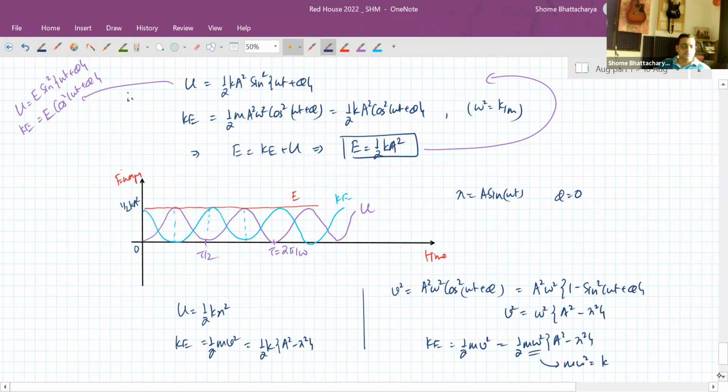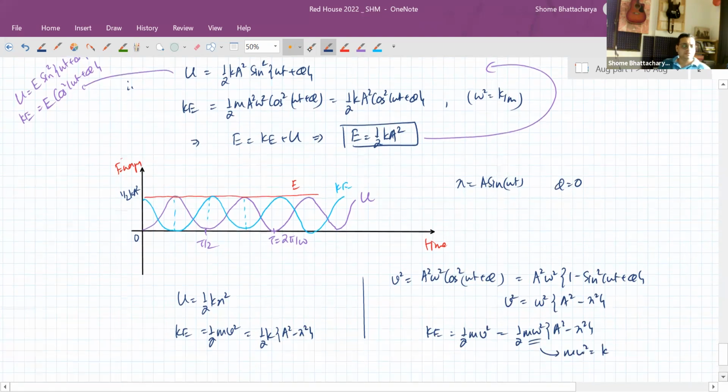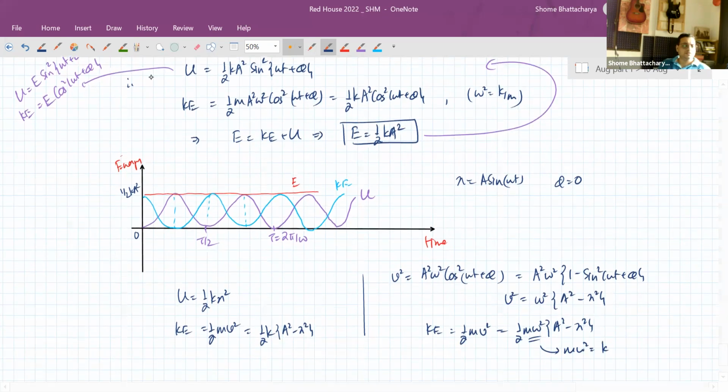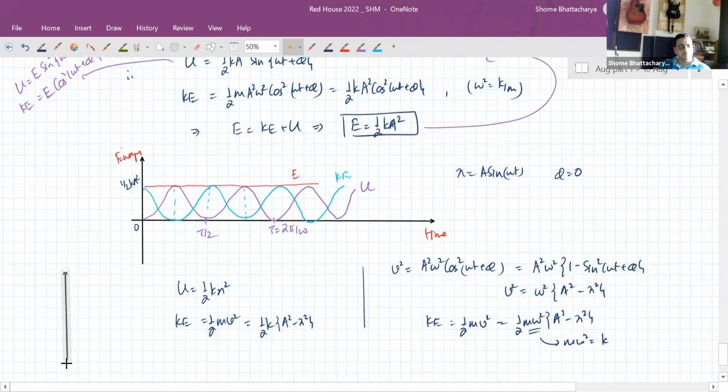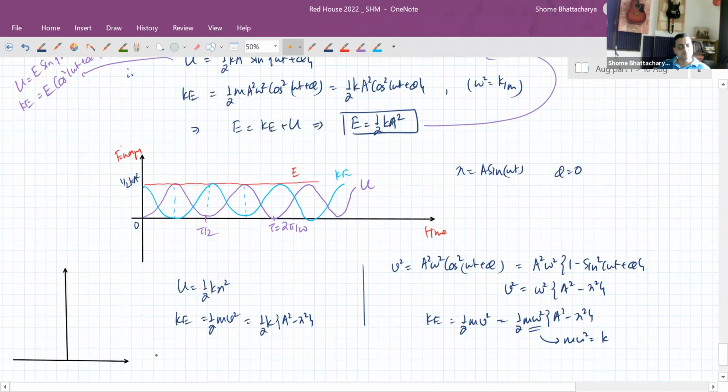So the other aspect of this now is that if we look at the variation of energy with respect to position in an SHM, that looks like a quadratic graph for each type of energy.